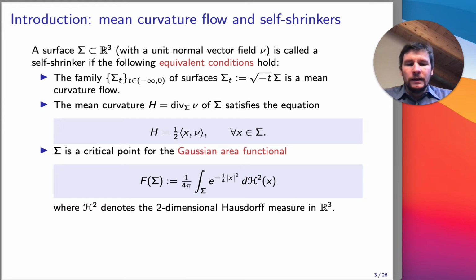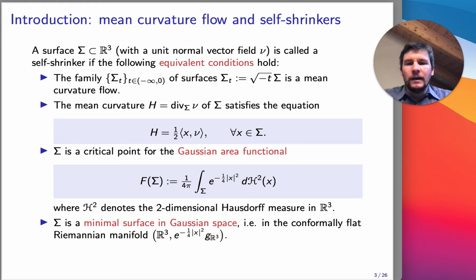Okay, the last characterization for self-shrinkers is, of course, if you know you have a critical point for some kind of area functional, then you have a minimal surface in some special space. Here it's the weighted Euclidean space or Gaussian space, where the weight is the same as in the Gaussian area.